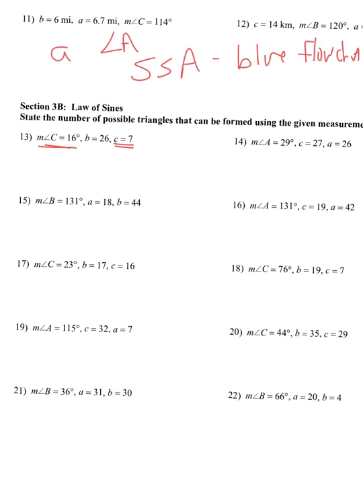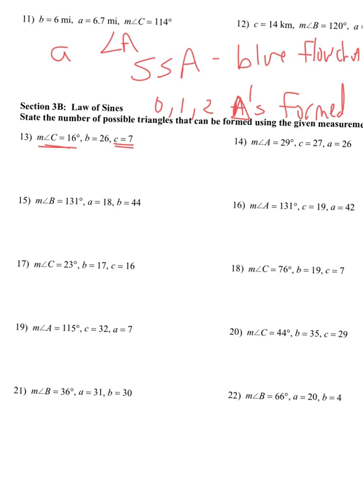Now, you can have these situations: either 0, 1, or 2 triangles formed if you are given a side-side-angle situation. 0 means you can't form the triangle with those given sides and the particular angle. 1 means only 1 triangle can be formed, and then there are the tougher ones of 2 triangles. That basically means you could have a side that swung back to form either an obtuse or an acute triangle, and those are the tougher problems.